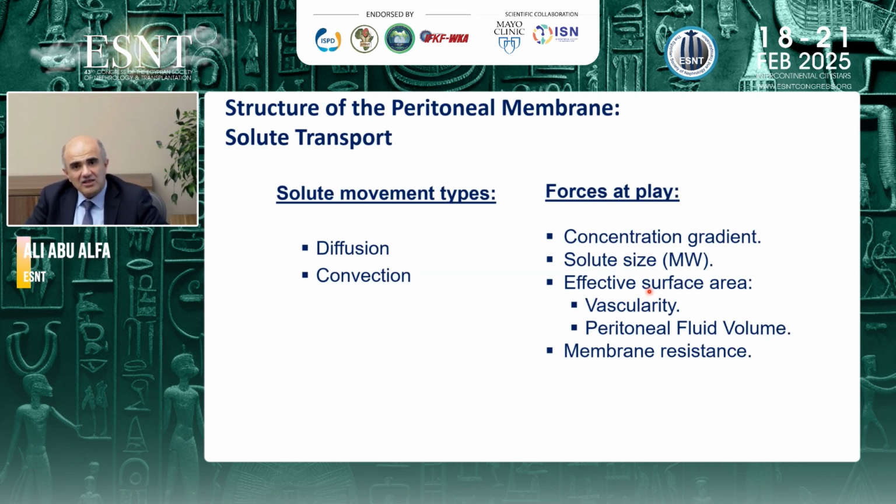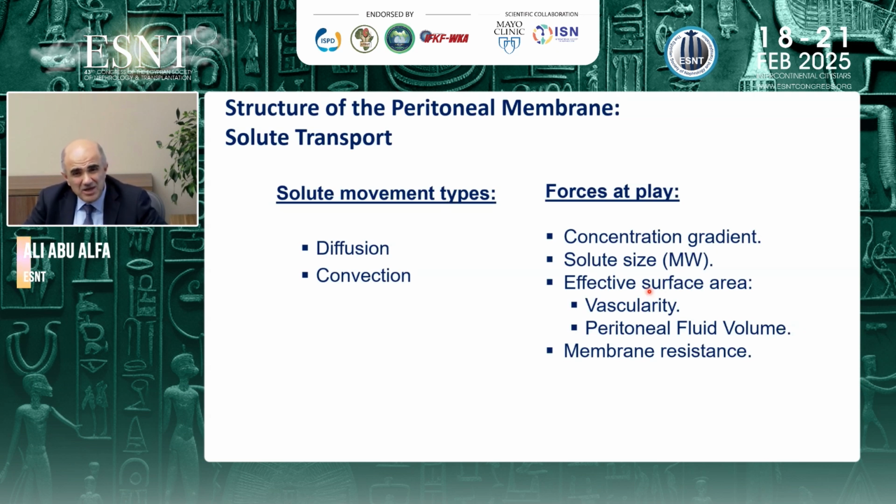If there are a lot of capillaries, in a highly vascular membrane, you would think this is a more effective surface area, which is correct. If it is less vascular, that will be less of a surface area. So we're differentiating between the actual physical surface area and the vascularity of the surface area.